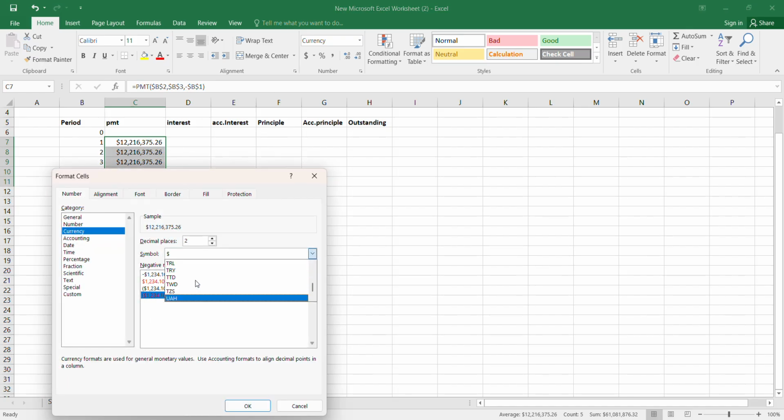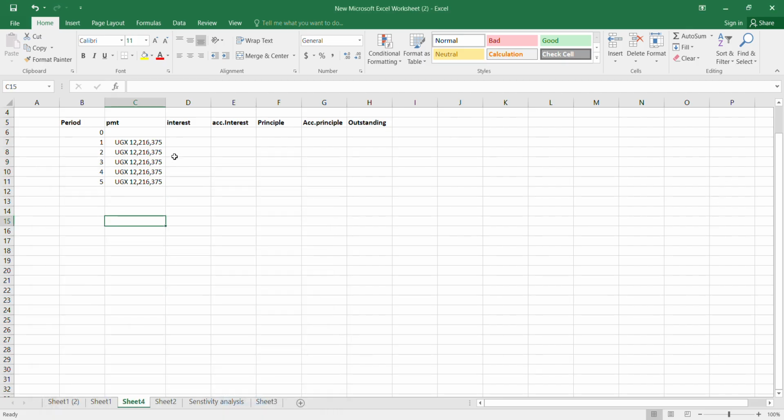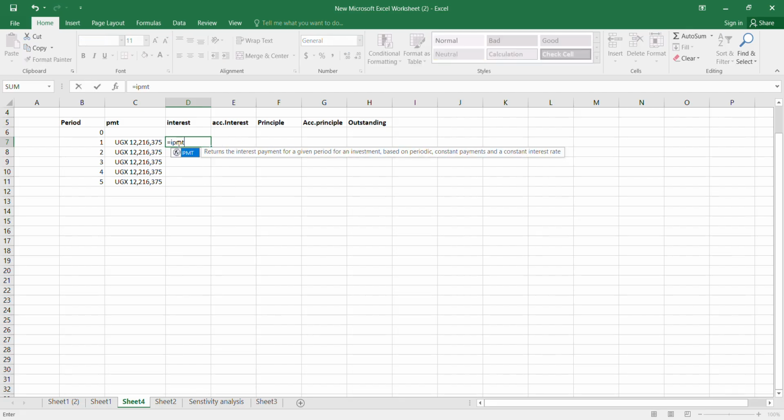Currency, then UGX. We shall take 0 decimal places. Press OK. Then for the interest, our formula will be IPMT.